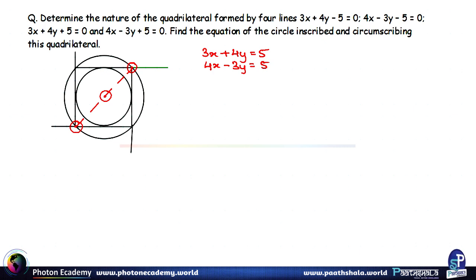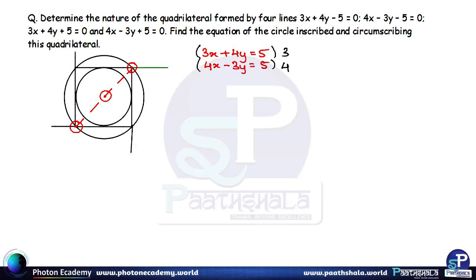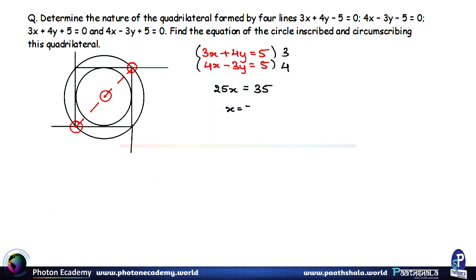So multiplying the first one by 3 and the second one by 4, and subtracting, the y term will get cancelled and we are left with 9 plus 16, so that is 25x is equal to 15 plus 20, so that is 35. So x is equal to 7 by 5.